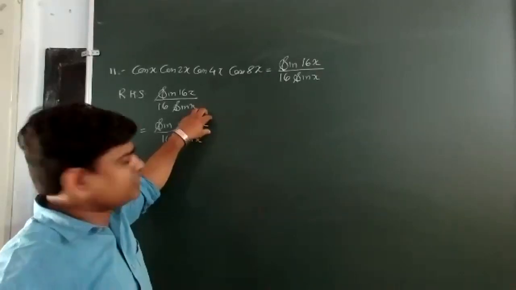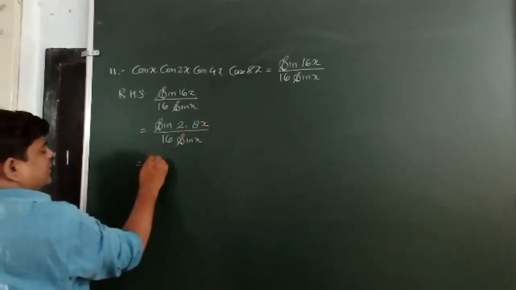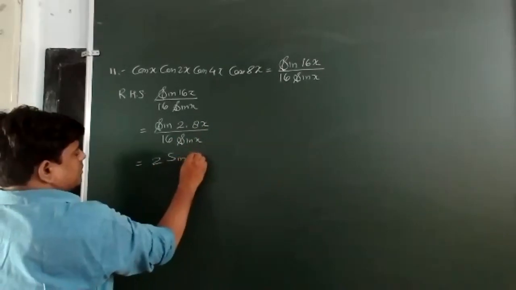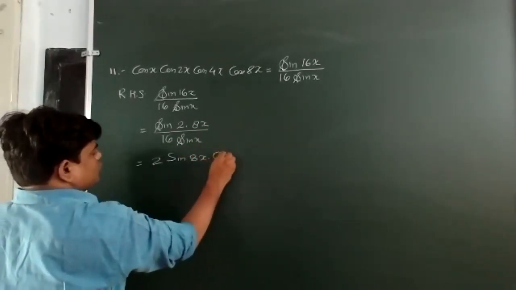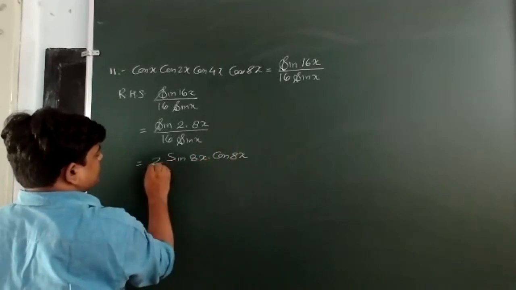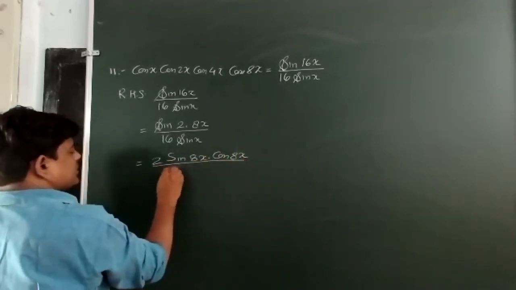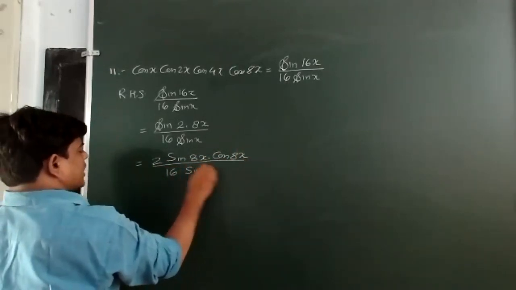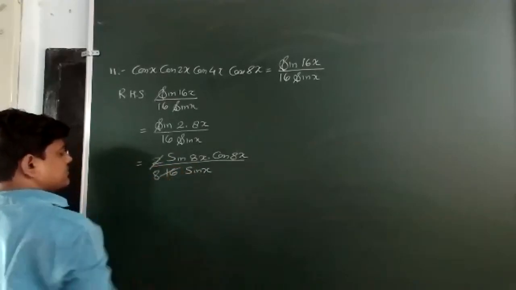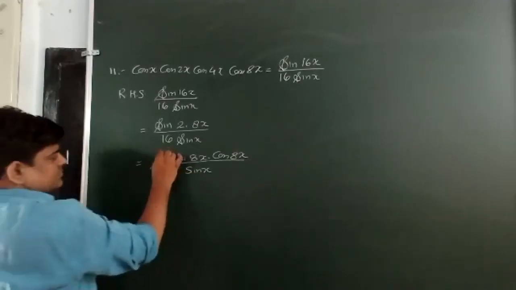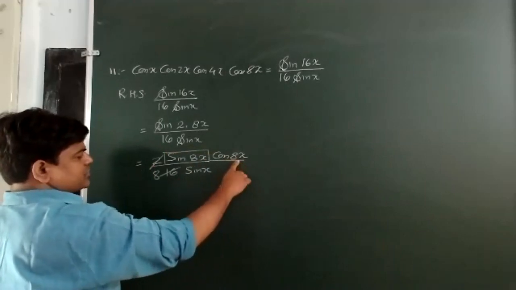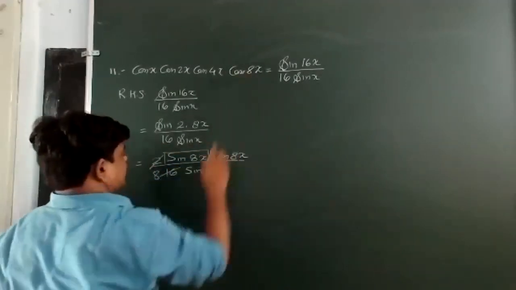In place of x, I am having 8x. So it can be written as sin 8x into cos 8x whole upon 16 sin x, which is 2 into 8. Now, no need to disturb cos 8x because it is our requirement.